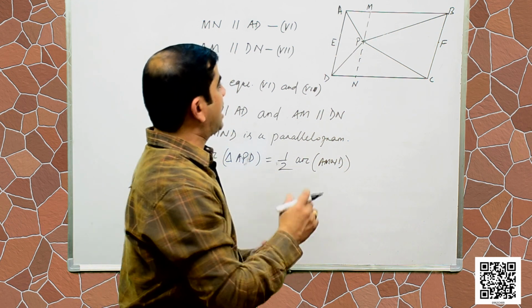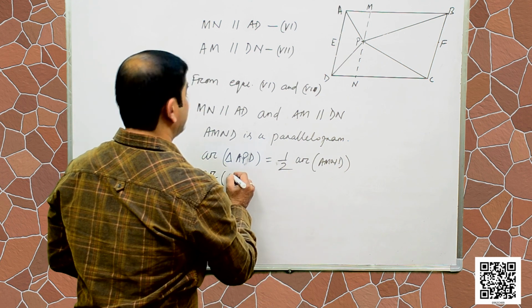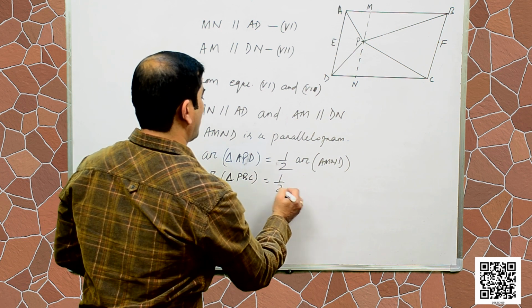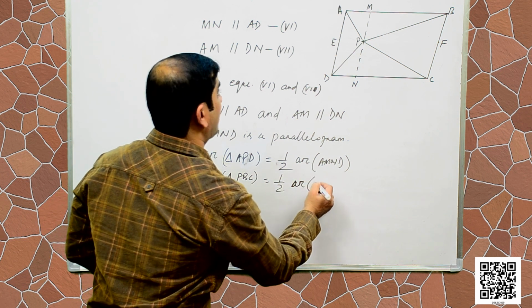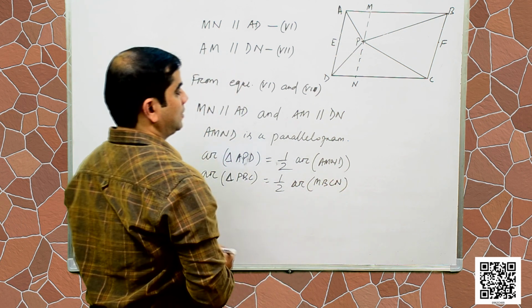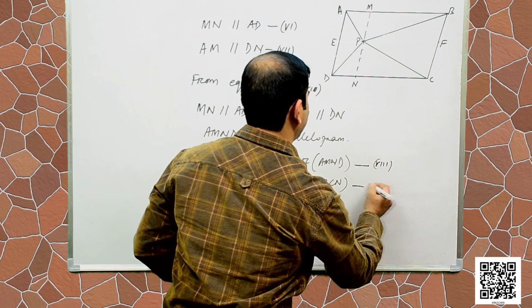Same way we can find that area of triangle PBC is equal to half of area of parallelogram MBCN. Let it be equation 8 and 9.